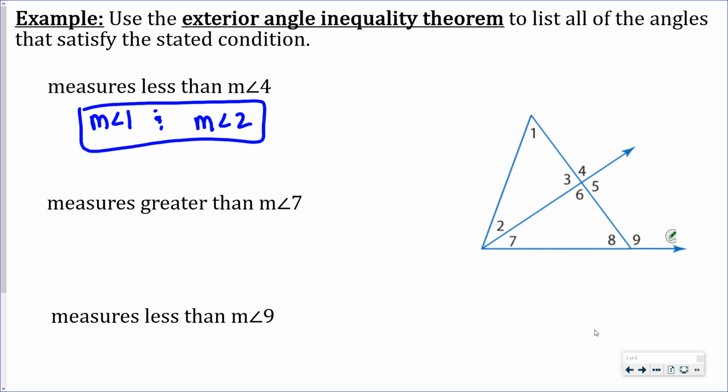This one's phrased a little different. This next one says, I want you to find angles whose measures are greater than the measure of angle 7. See how we're doing all these comparisons here? Okay, angle 7 right here is an interior angle. It's inside a couple triangles. I could say this triangle.